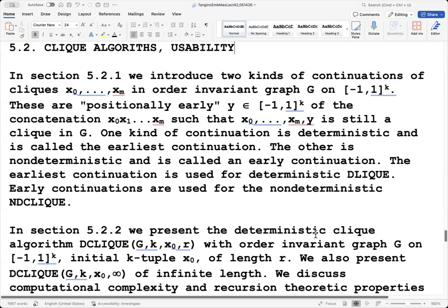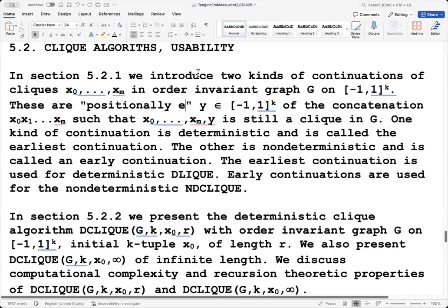So in the deterministic case, what we use is positionally earliest. Actually, I think I need to say computer positionally earliest. Yeah, it's unique. We do that.